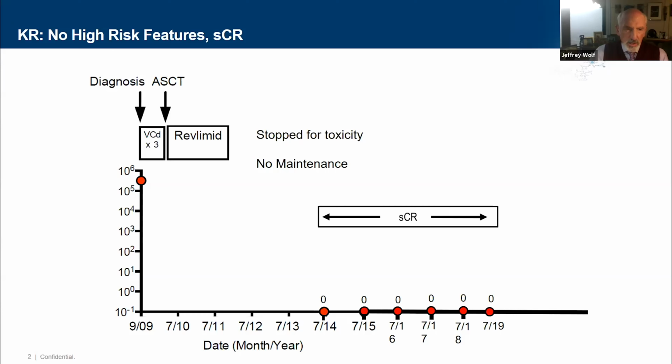And we decided to not treat him with maintenance. And you can see here, starting in 2014 in July, I started doing a bone marrow on him every July. He volunteers as a subject when I demonstrate to our new fellows how to do a bone marrow. So the first week in July, every year, we do a bone marrow on him. And every year he's had 0 in a million malignant cells.